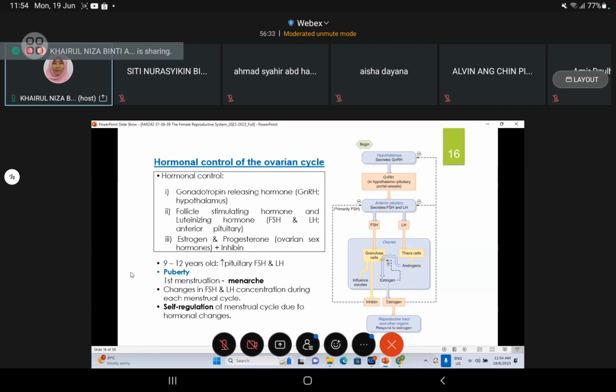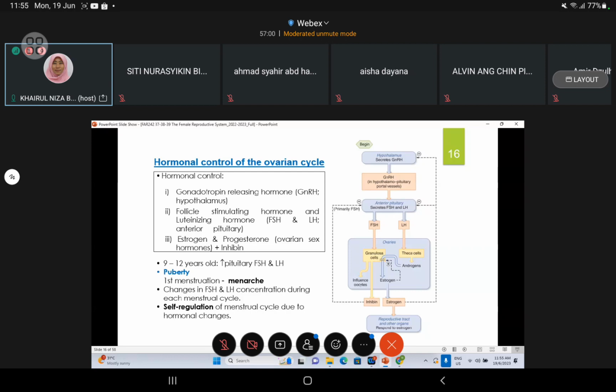Between the age of 9 to 12 years old, the pituitary starts to release FSH and LH. This marks the beginning of puberty, which means that the female goes through her first menstruation, and this first menstrual cycle is known as menarche.